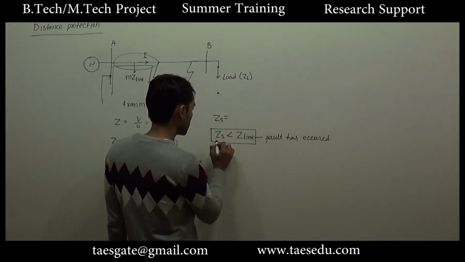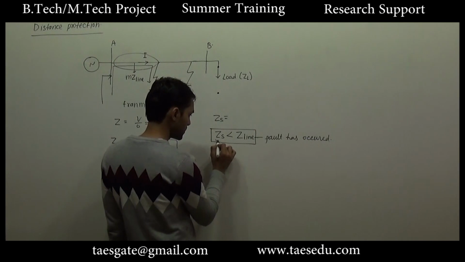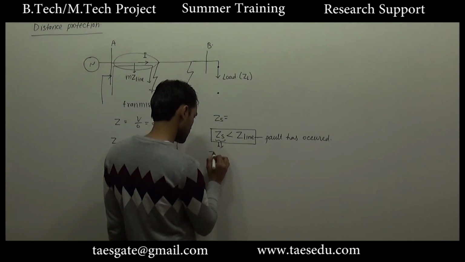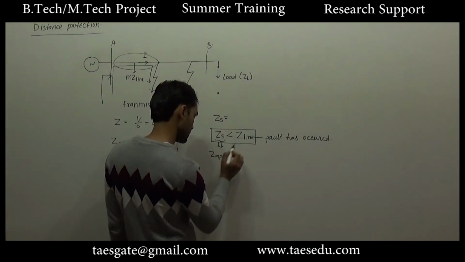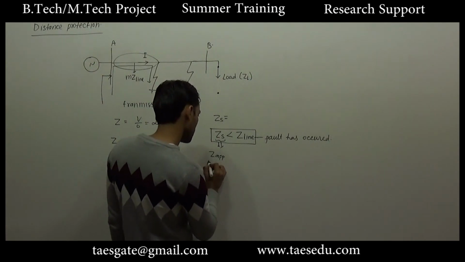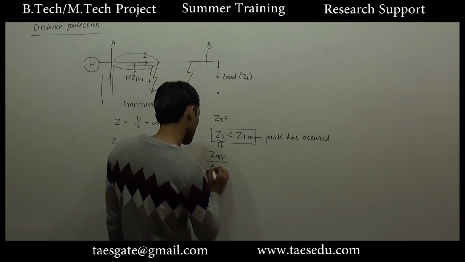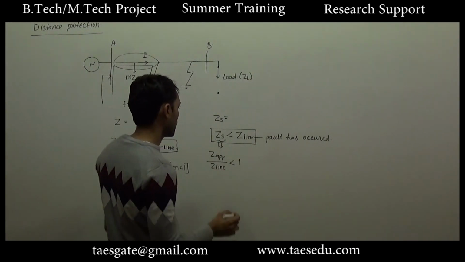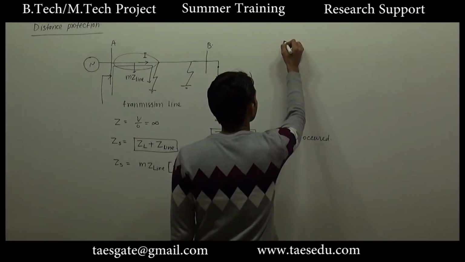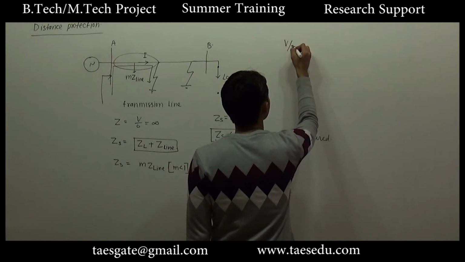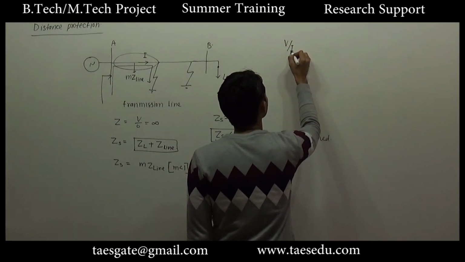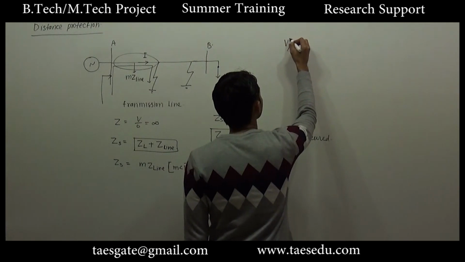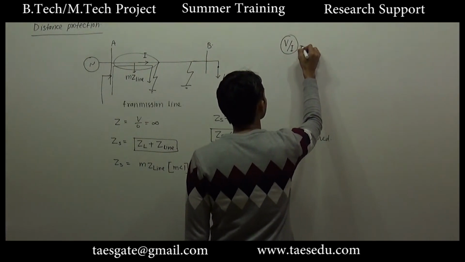The impedance seen by the source is represented as apparent impedance. In case of fault, the ratio of apparent impedance to Z line will be less than 1, and this impedance is measured with the measurement of voltage and current. We take these as phasor quantities.